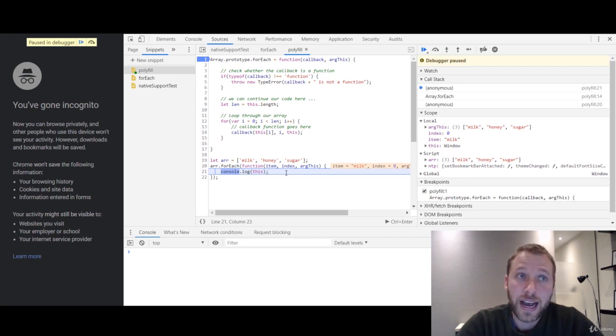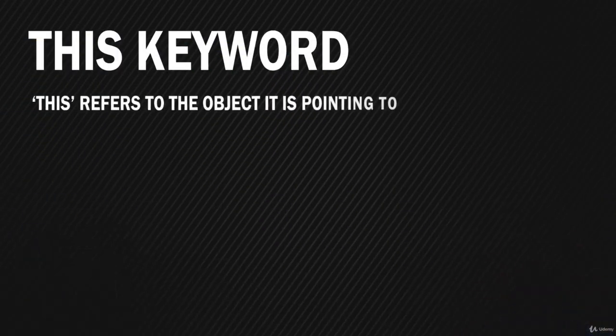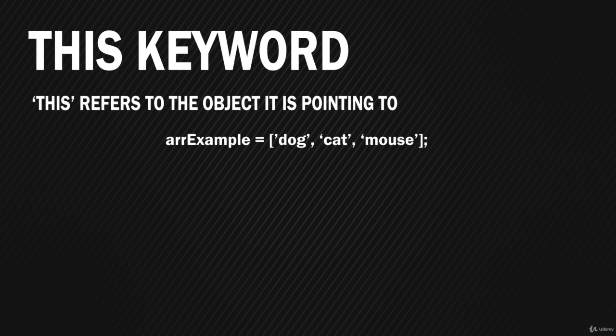Let me just jump to the other screen quickly and show you why this happens. I feel your pain. I know it can be difficult to get your head around this and what it should refer to at different areas of your code, but this is just a very quick high-level overview of this and why it's doing what it's doing. Let's just take an array example and let's create an array with 3 values in it, dog, cat, and mouse. And let's just set out our code here, the one that we've been working with, our polyfill.